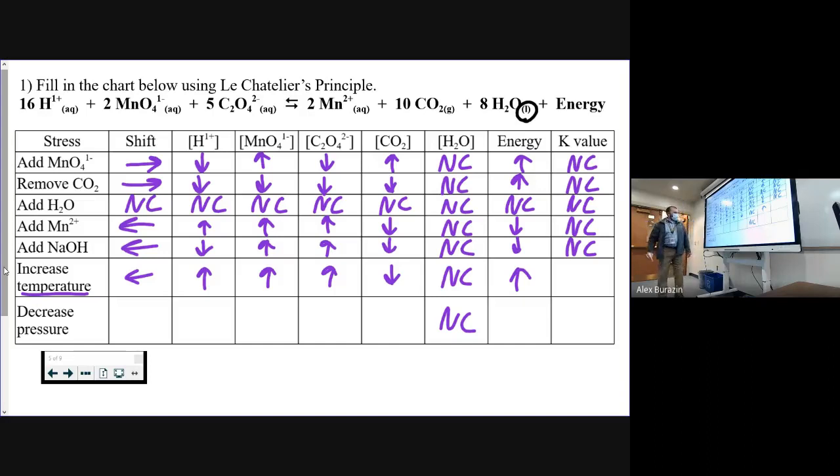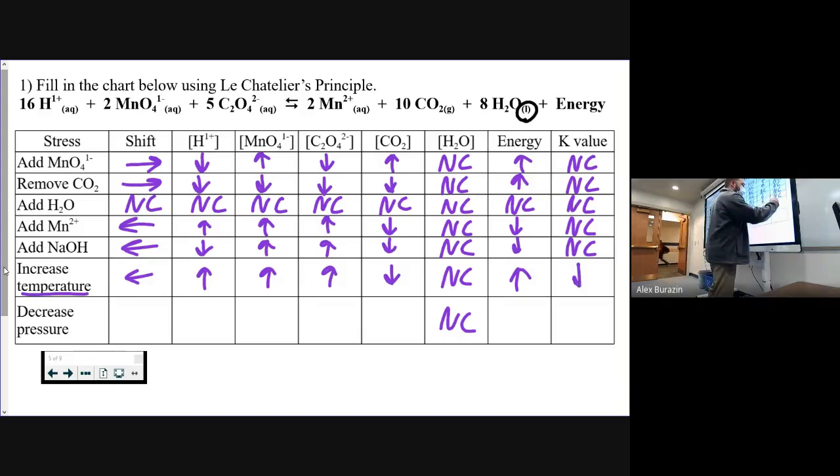What is K again? Equilibrium constant, products over reactants, right? What are we making more of? We're making more of the denominator, the reactants. So what's going to happen to the value of K? It's going to get smaller.